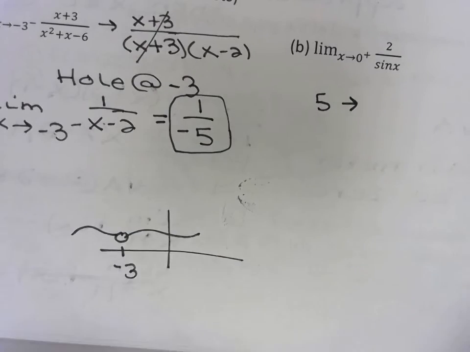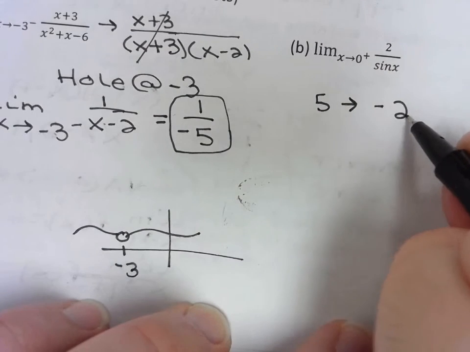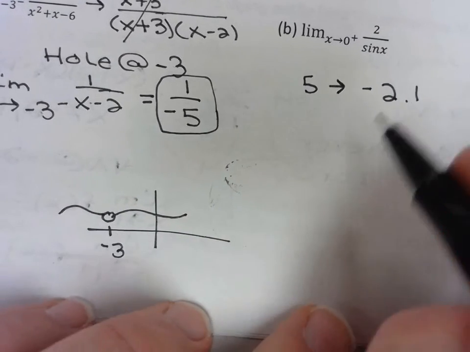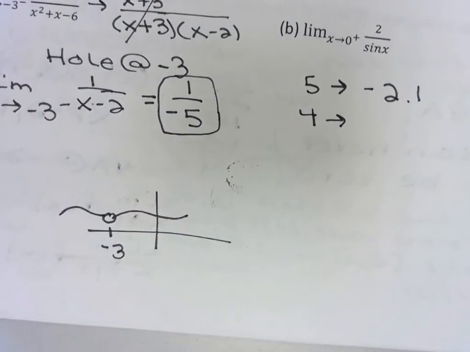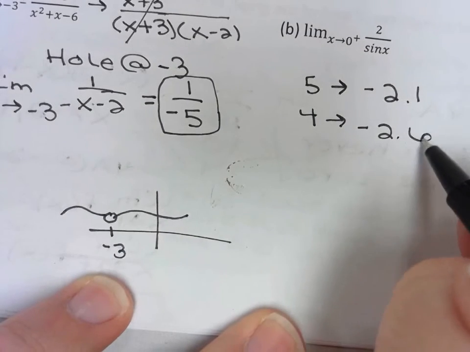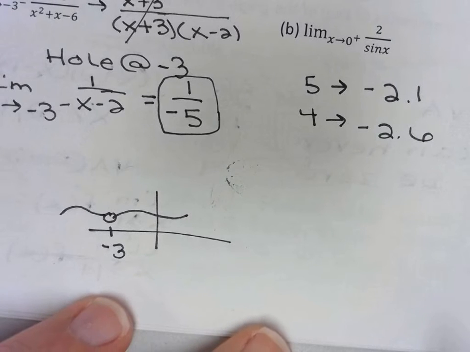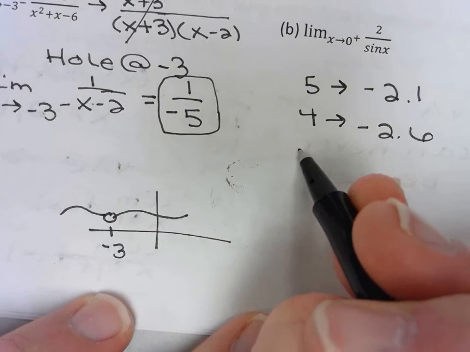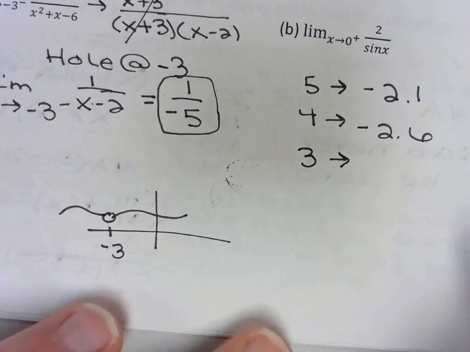And what's the decimal? Negative 2.1. Are we all kind of agree with that? Okay. Next one, let's plug in a 4. So I'm literally just plugging in points as I approach 0 from the right. If I plug in a 4, 2 divided by sine 4, do you get 2.6? Is it negative or positive? Negative? Okay. So as I approach 3, 2 divided by sine 3.